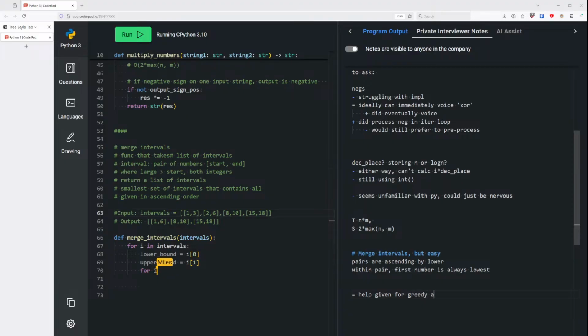So I want to be checking the rest of the pairs after i. We only need to check the immediate pair after i, right? And the reason is because there's only two cases.